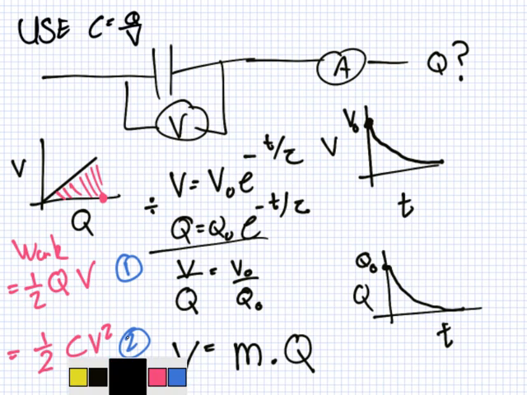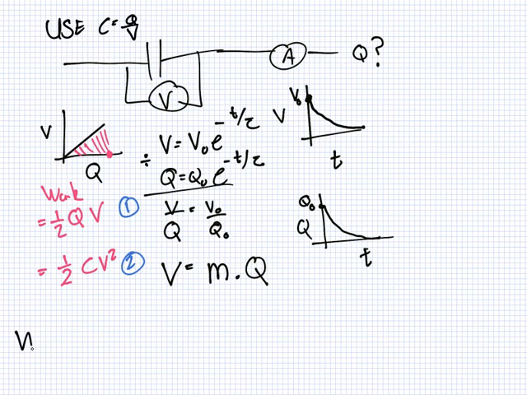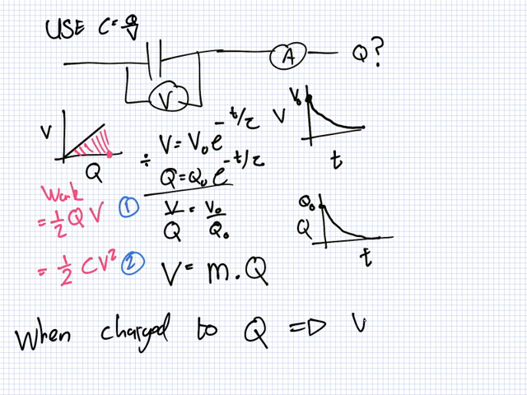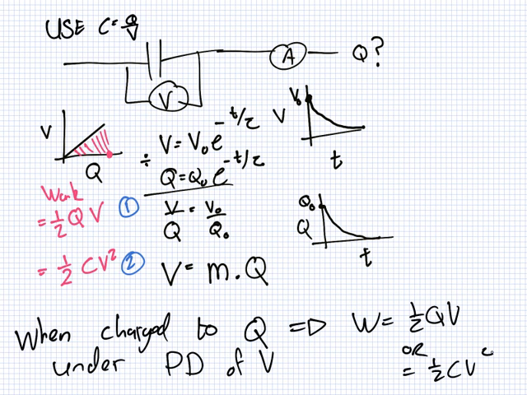So when charged to Q, the work it can do is a half QV under PD of V. Or you can write that as a half CV squared if you know the C and don't know the Q, which is more common actually.